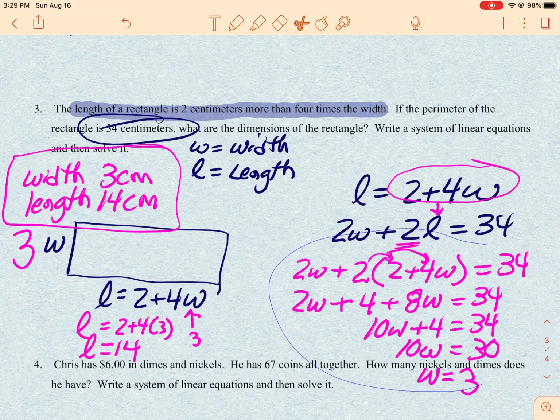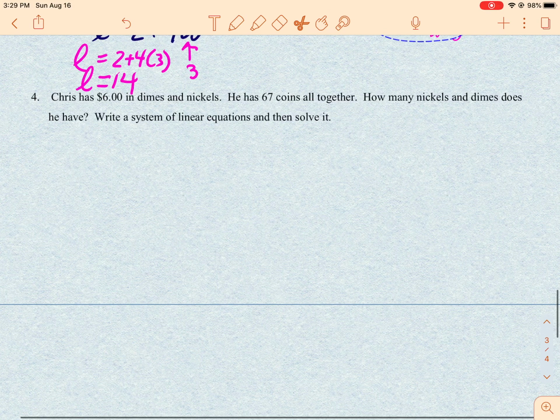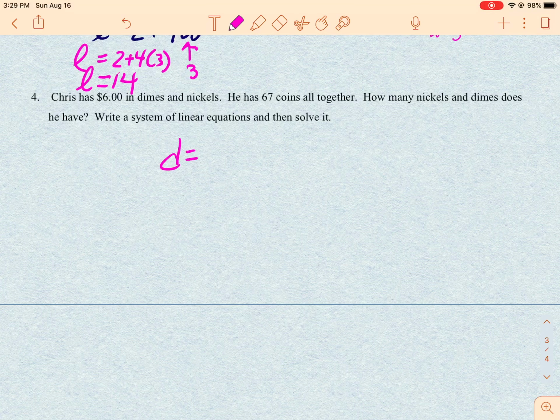Taking a look at the last one here, I'll give some hints. I want you to solve it on your own. Let D be dimes, N be nickels, and then remember that a dime is 10 cents.